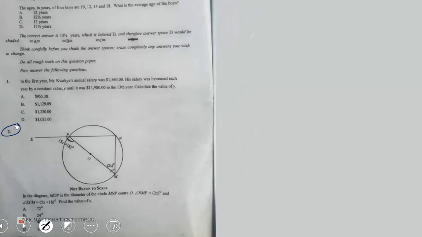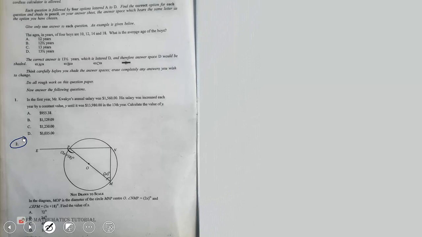Let's look at question number 2. In a diagram, MOP is the diameter of the circle MNP, center O. Angle NMP is equal to 2x degrees, and angle EPM is equal to 5x plus 18 degrees. Find the value of x.